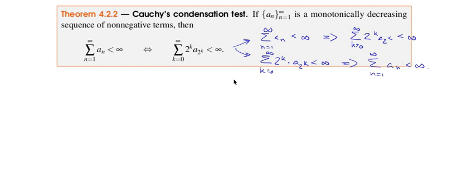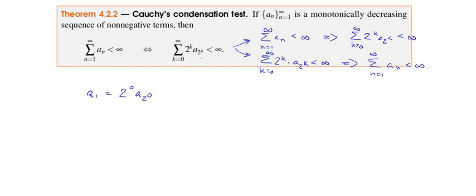Okay, so the idea here is that we can try to bound the terms in this sequence by a sum of terms here. So let me explain. We have a sub 1 equal to 2 to the 0 times a sub 2 to the 0, right?